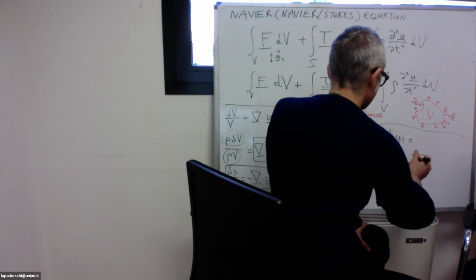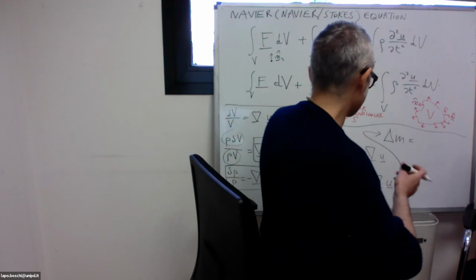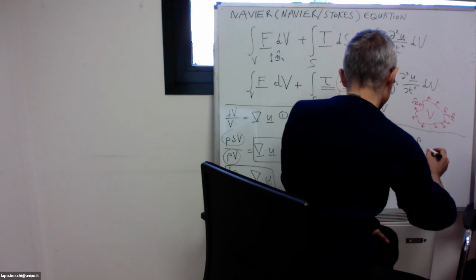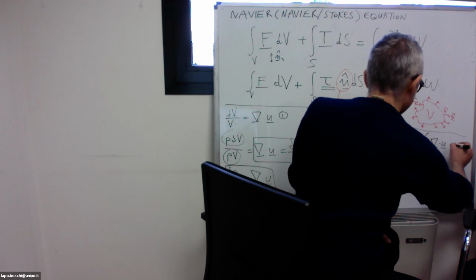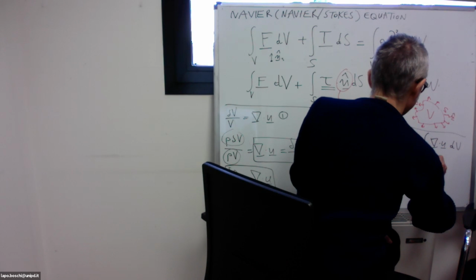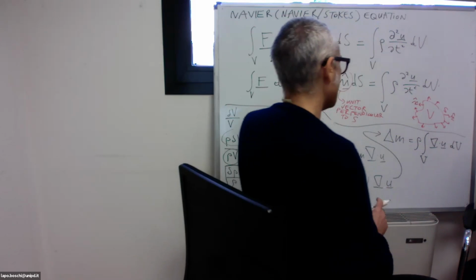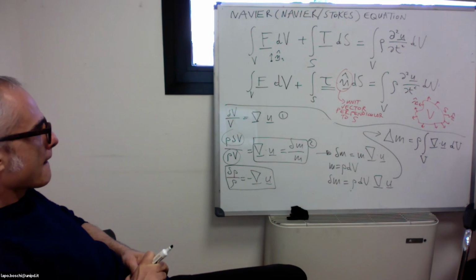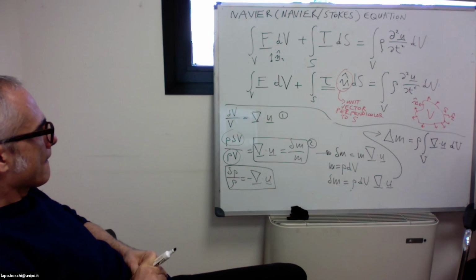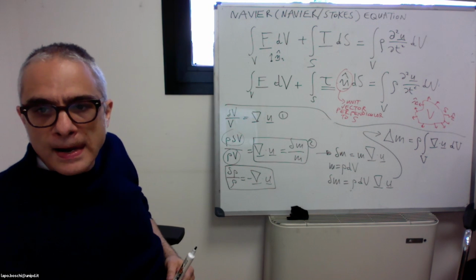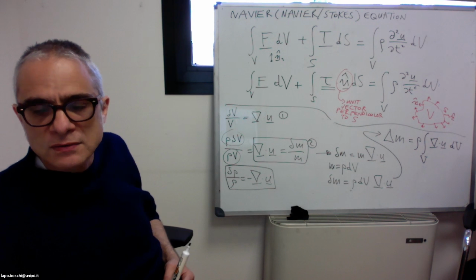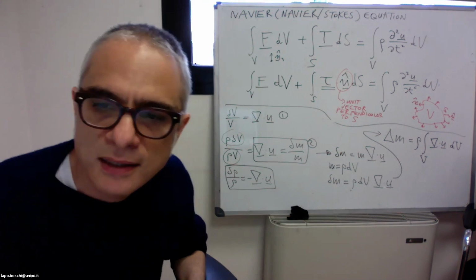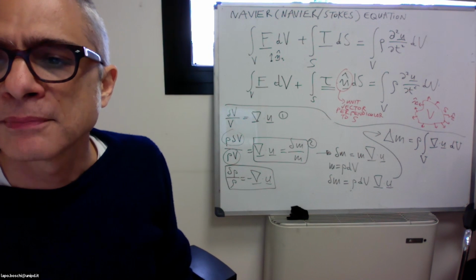Let's assume that rho initially is constant, so rho times the integral of the divergence of u over the whole volume. Okay, think about it for a minute.